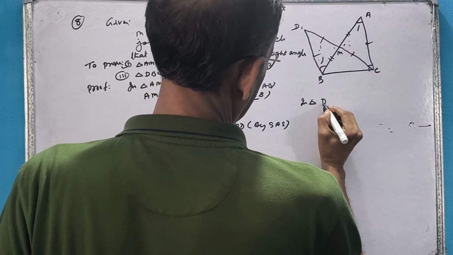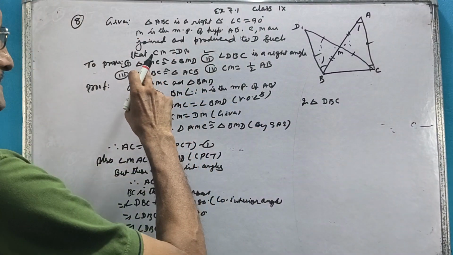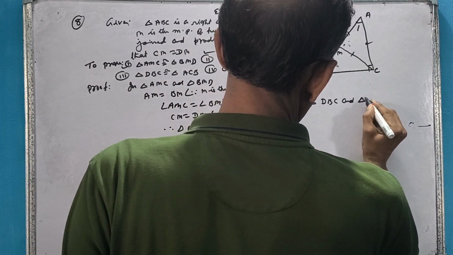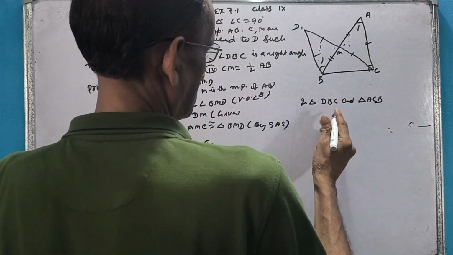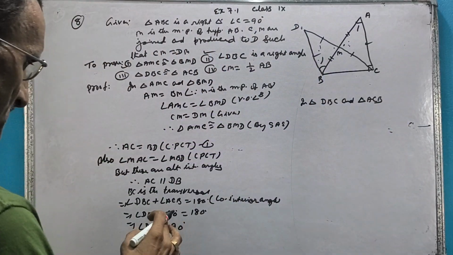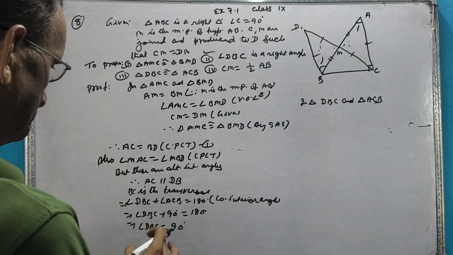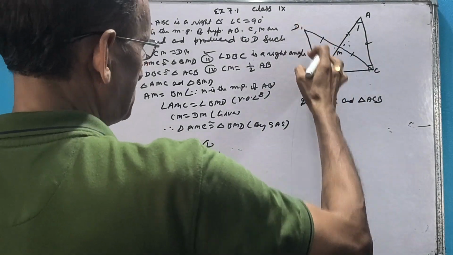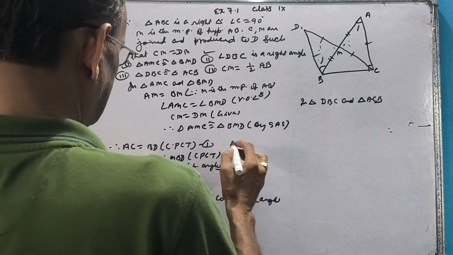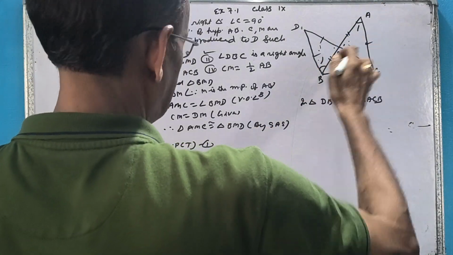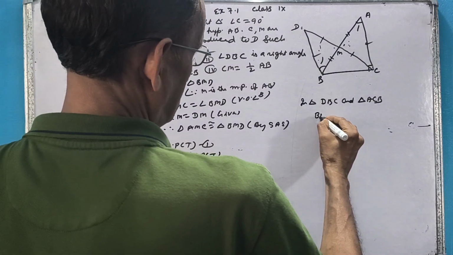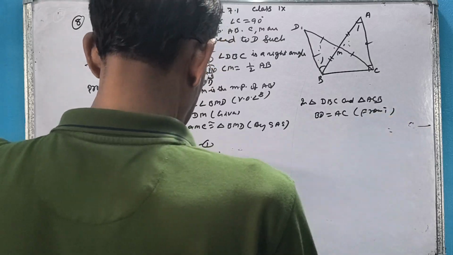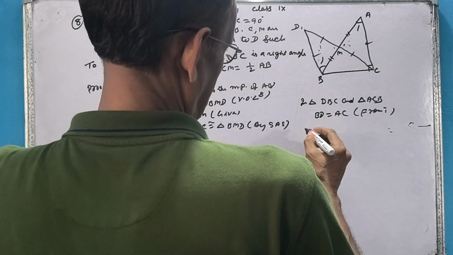In triangle DBC and triangle ACB, for DBC we have BD, and for ACB we have AC. So we can write BD equal to AC from 1.